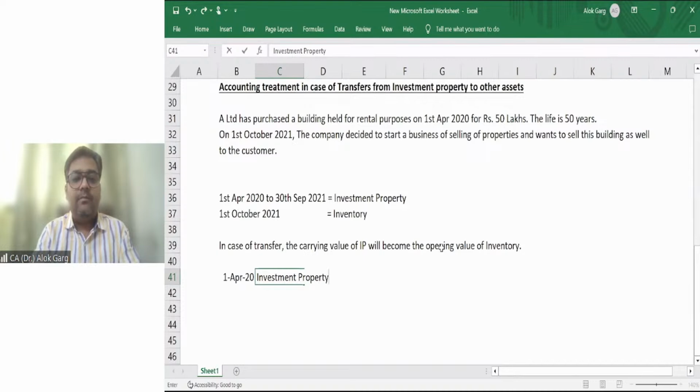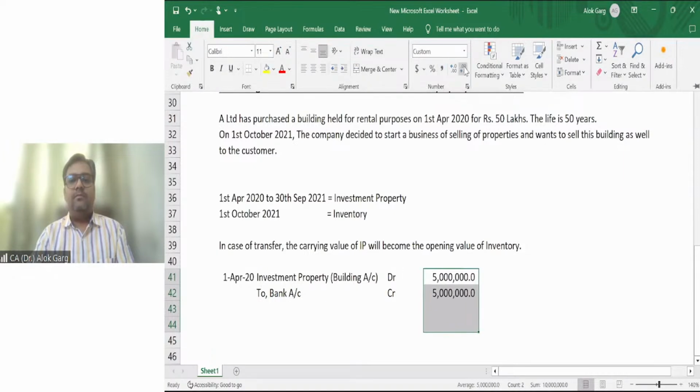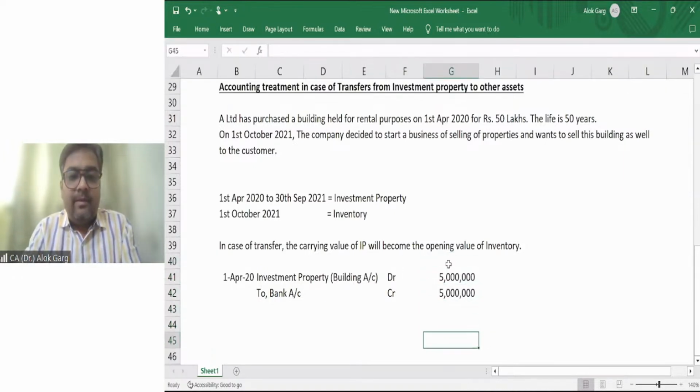Investment property building account debit to bank account. Simple. How much? 50 lakh. Right?